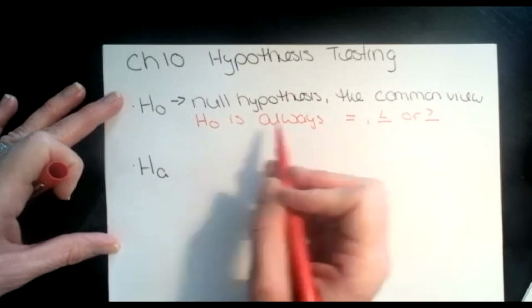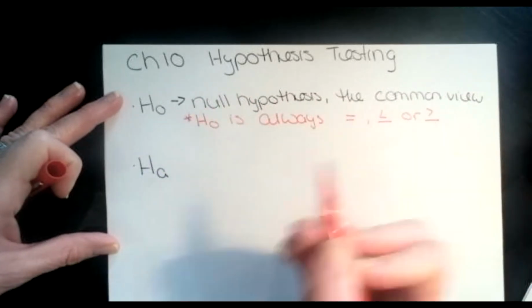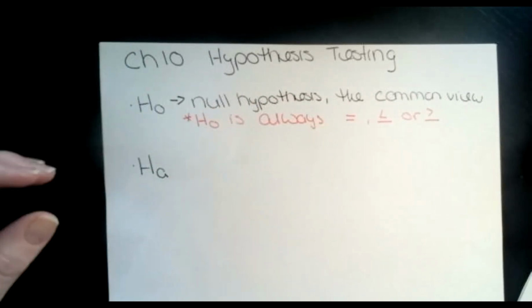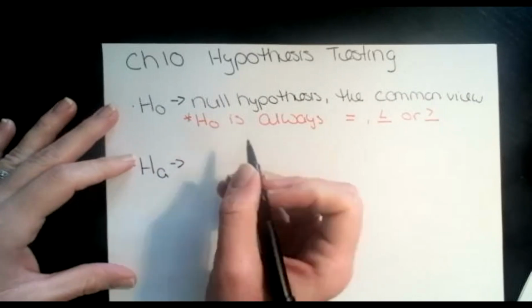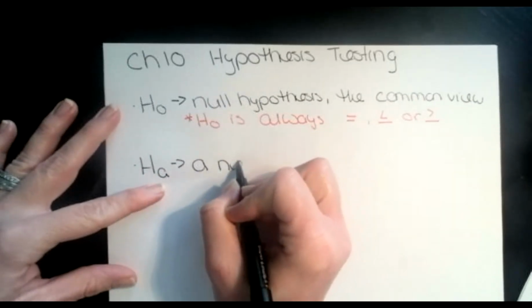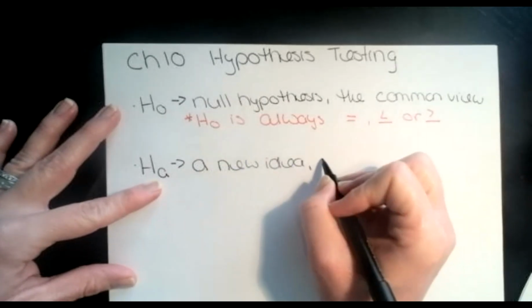So what I want you to know is that the null hypothesis always has the equals in that part. And HA is the new idea, the alternative view.